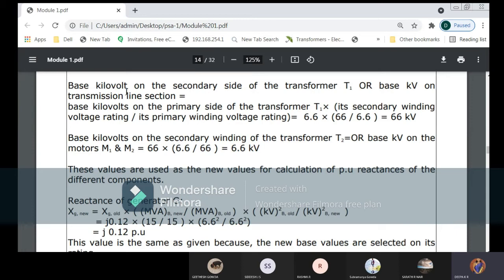This is the first condition: base kilovolt on the secondary side of a transformer T1 or base kV on the transmission line. Directly you can say the transmission line is equal to the base kilovolt on the primary side of transformer T1. Primary side, how much do you have? 6.6 into the transformer ratio in reverse order, so secondary by primary. Please note this formula.